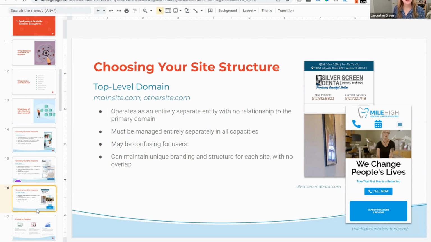The benefit of maintaining separate websites is they can exist as they were. So if you're inheriting a great website, you can work with that. You get all of the equity that it already has, and there's no messiness with redirecting. But everything is going to be totally separate. So your SEO strategy, similar to if you're doing a subdomain, has to be duplicated across every location.